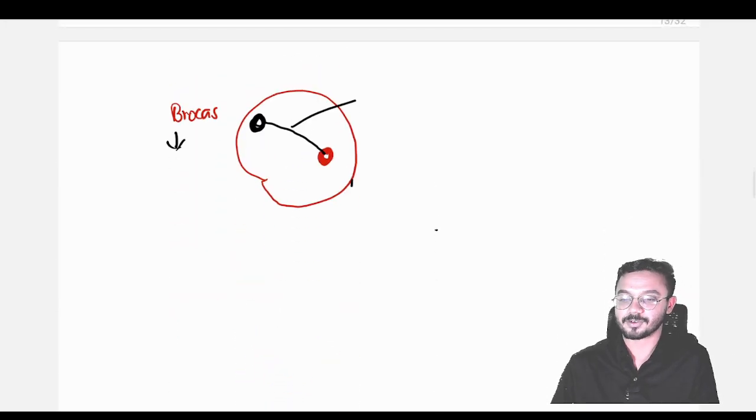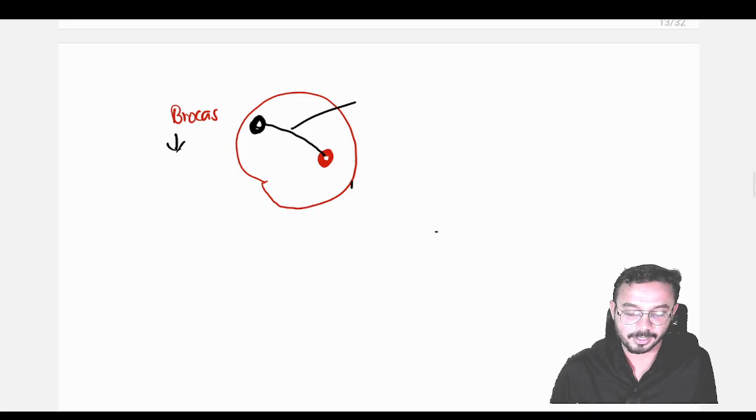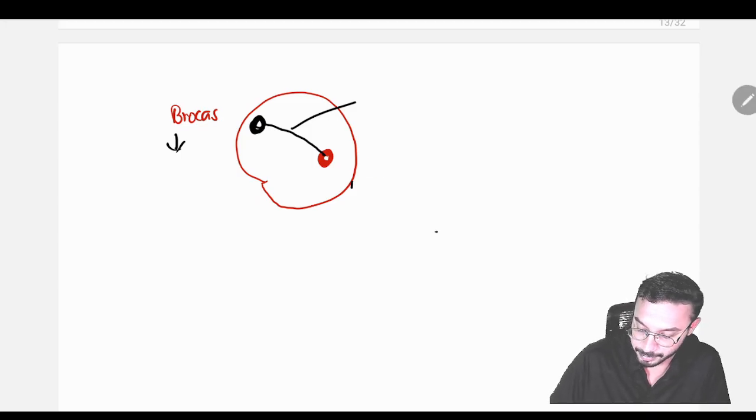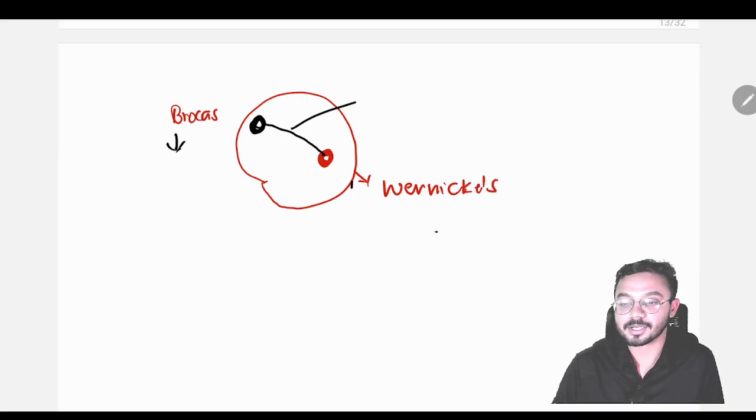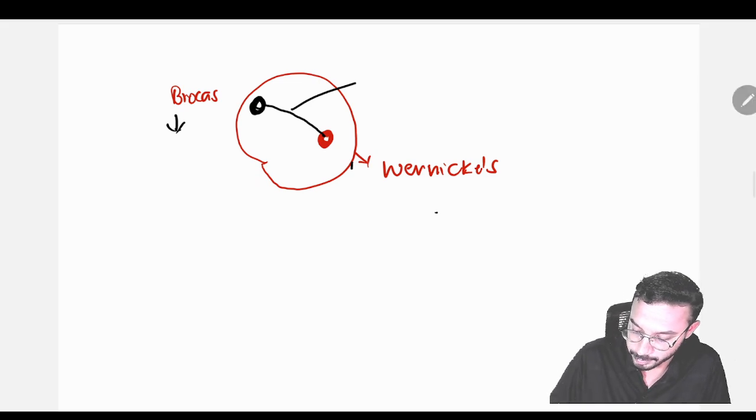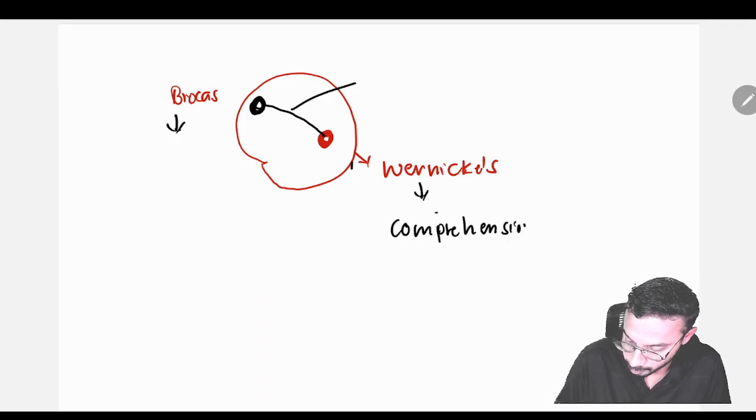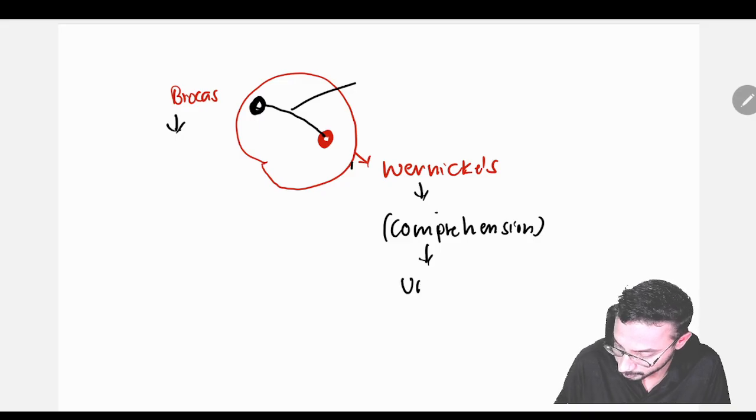Now let's move to some terms known as Broca's area and Wernicke's area, which are present in the brain. Let's discuss the main function of Broca's and Wernicke's. Remember, Wernicke's area in the brain is helpful for comprehension, that is understanding.